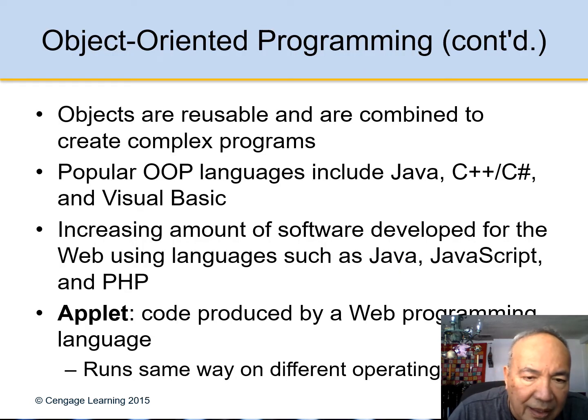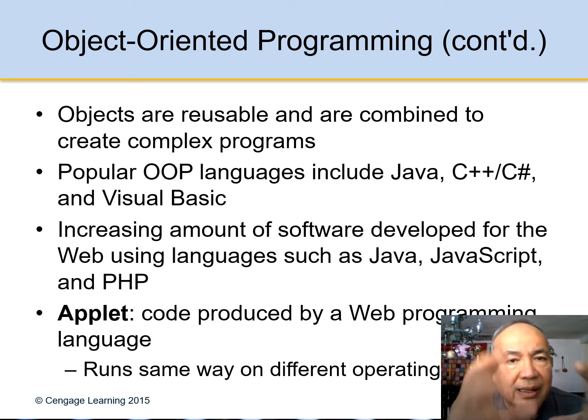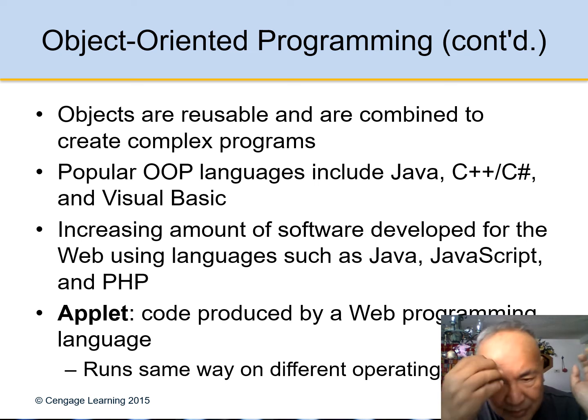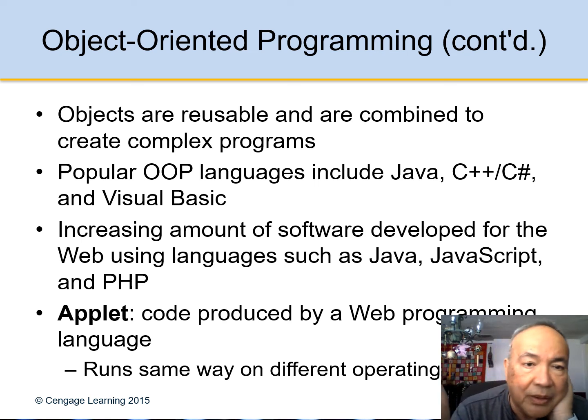So let's go back. Some of the other ideas about object-oriented programming. Objects are reusable and are combined to create complex programs. So there are already parts of the program that were already written by somebody else, and then you just put it in your program with the permission, of course, of the owner of the object.